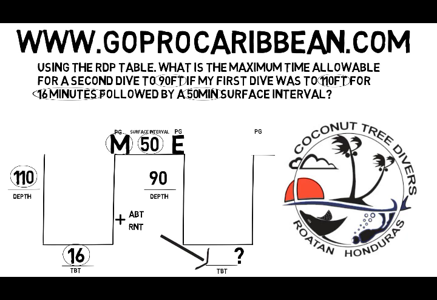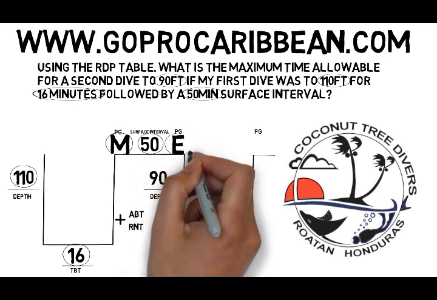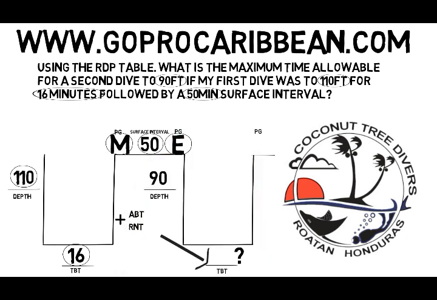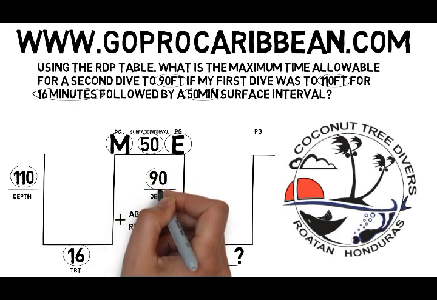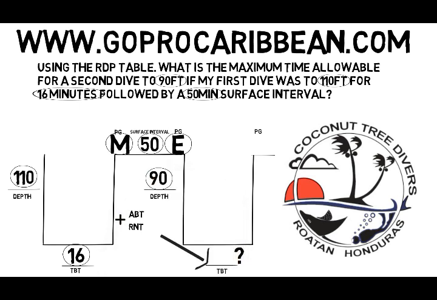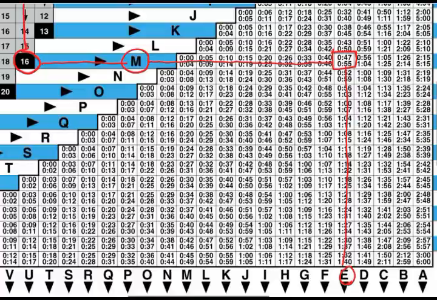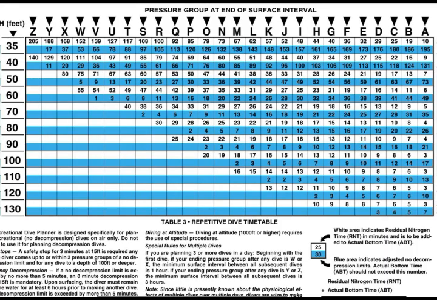So now we have, again, two bits of information followed by a blank. We've got pressure group E, we've got 90 feet. We will be able to use that to find out what our adjusted no decompression limit is.